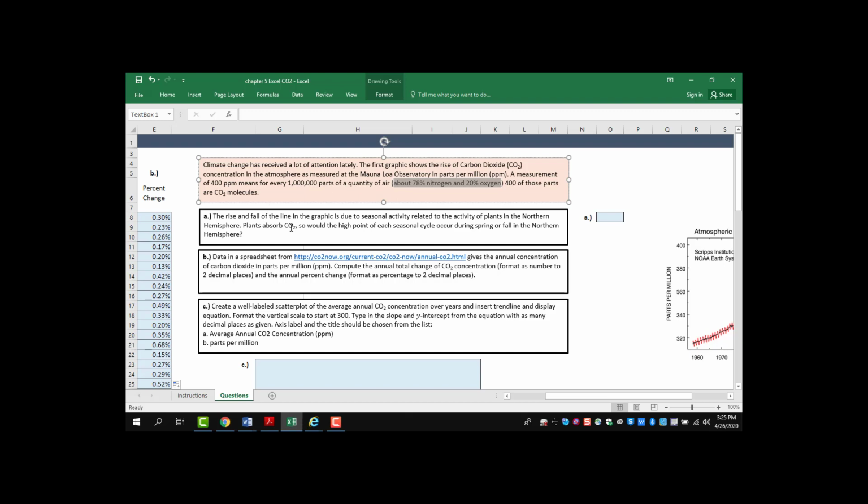Plants absorb carbon dioxide, so the high point for each seasonal cycle occurred during the spring or fall of the northern hemisphere. So in other words, does the high point for carbon dioxide occur in the spring or the fall?